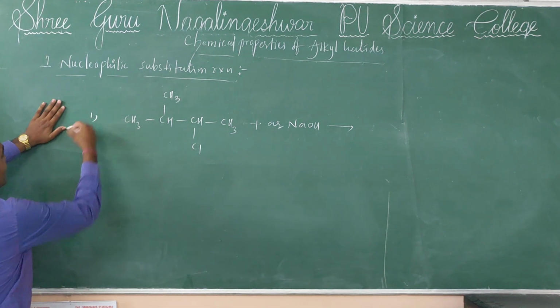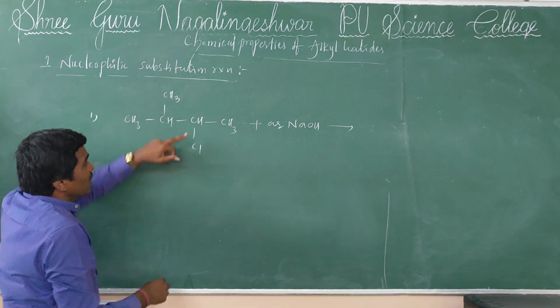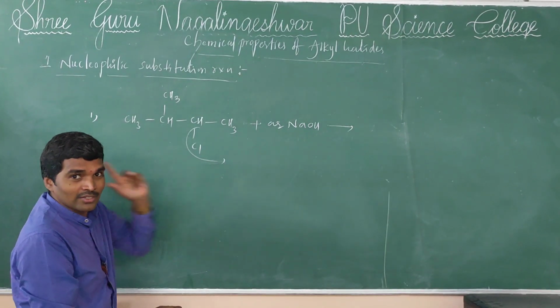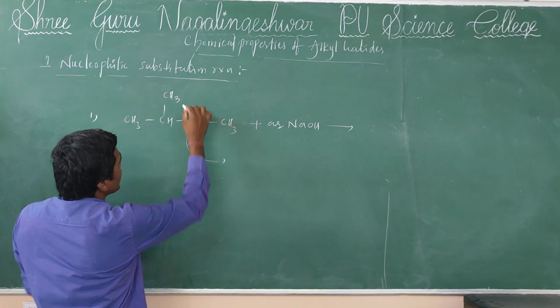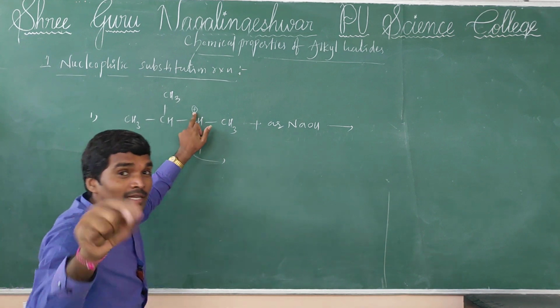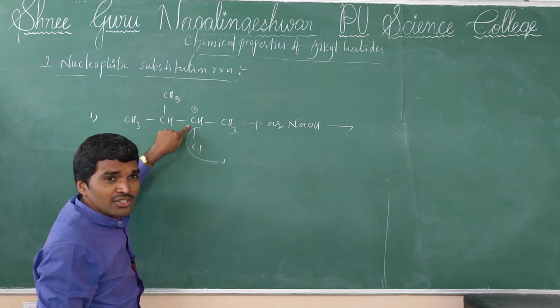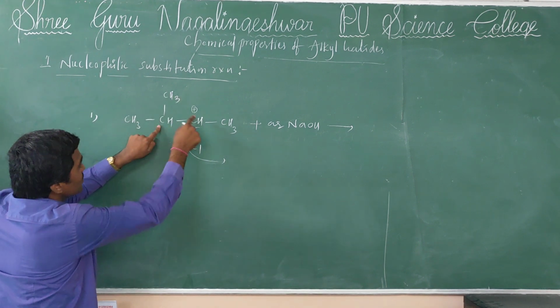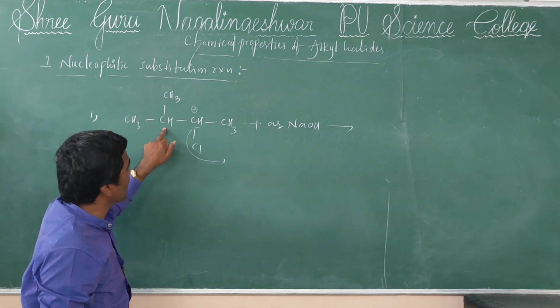Okay. Now, in this situation, what happened? First condition, chlorine cleaves. Then here, carbocation will be formed. But the carbocation is at the secondary position. But an adjacent tertiary carbon is there, means the carbon attached to 3 carbons. Tertiary carbon is there.